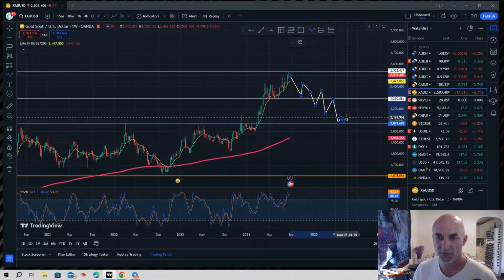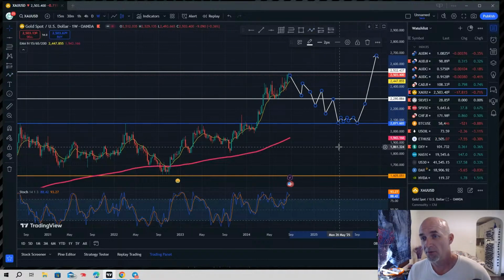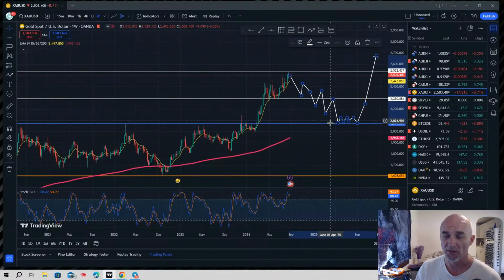And then we'll do what's called a consolidation. And then to the moon, Alice. We'll be breaking all-time highs again. It's not going to move like that, but that's an example.